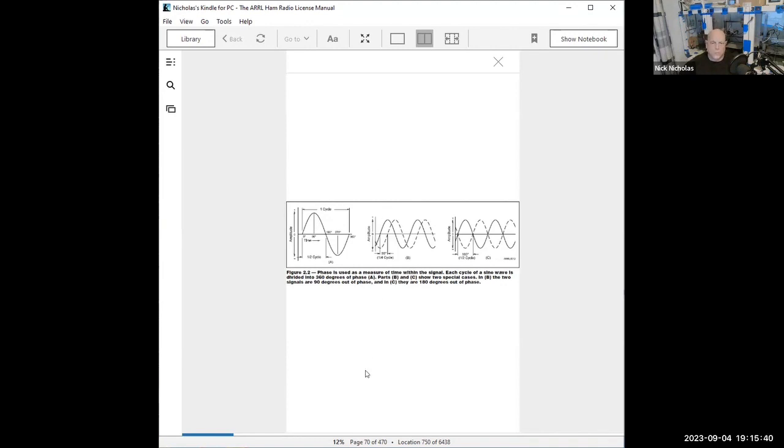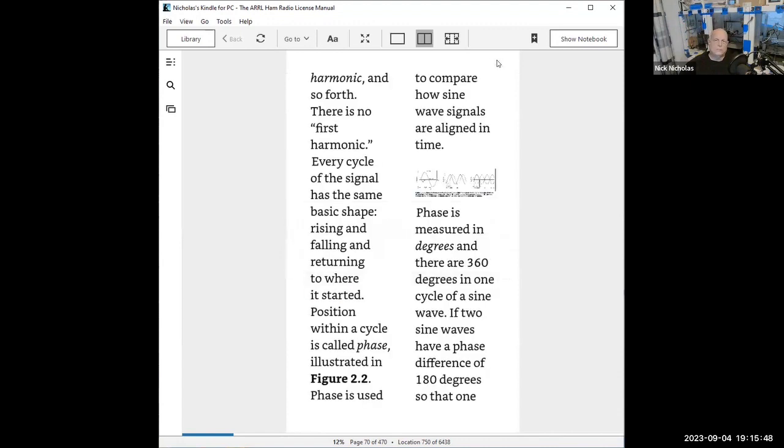So when you get to this part on phase, it talks about how every cycle of a signal has the same basic shape, and a cycle is called a phase. If you've got a forward phase and a reverse phase, you don't want them crashing into each other. If the waves crash into each other harsh enough, they stop each other.